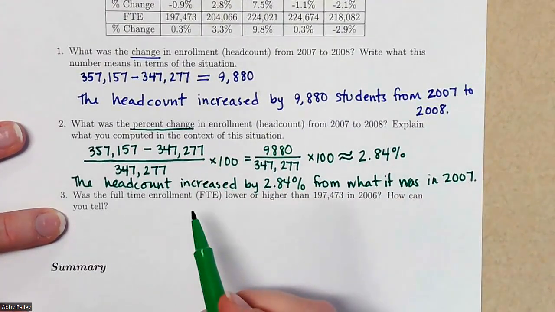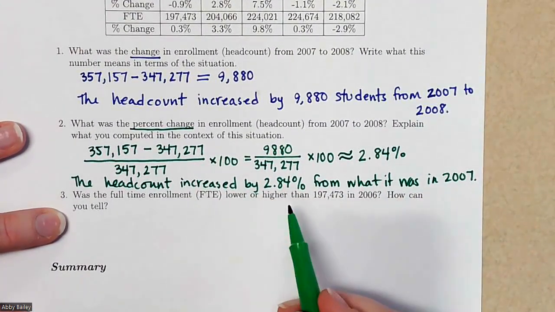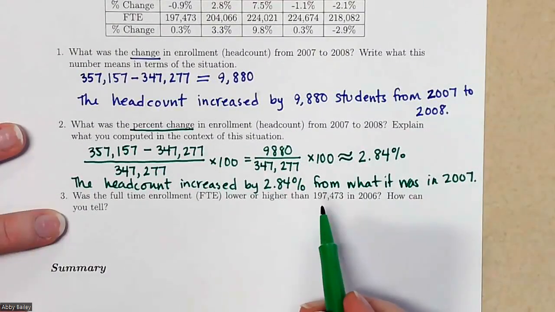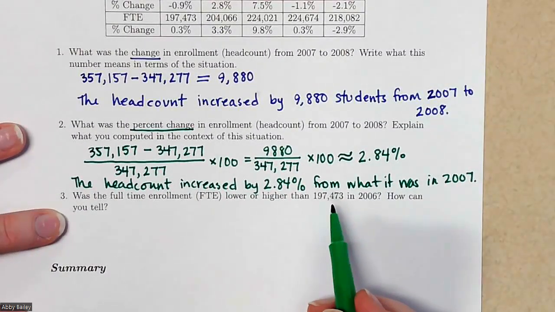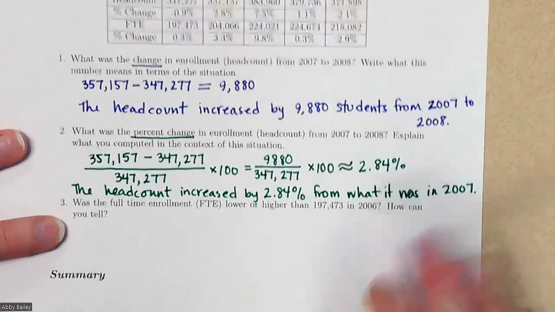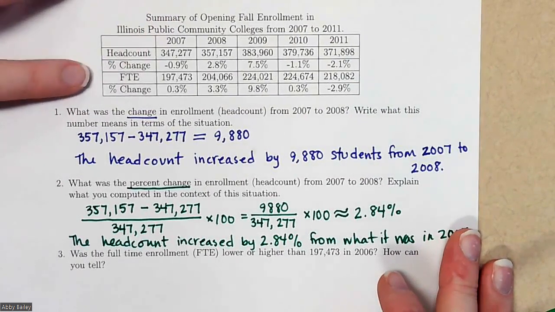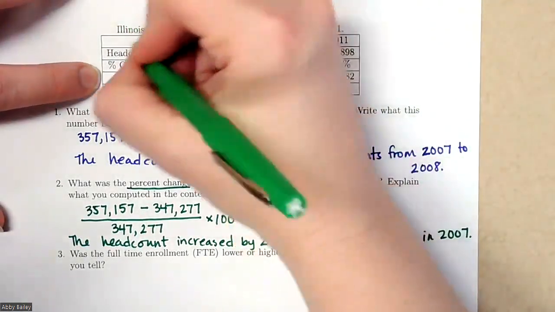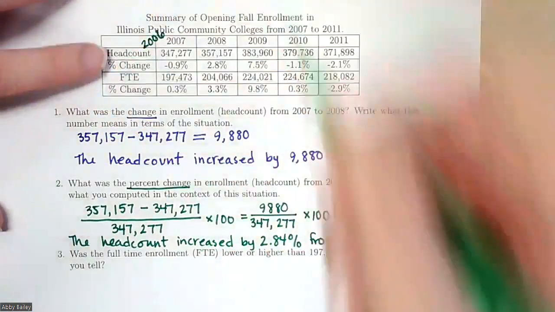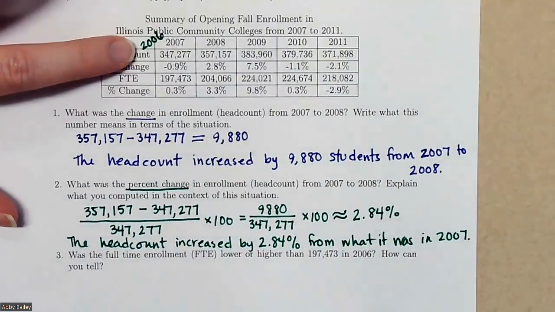Was the full-time enrollment lower or higher than 197,473 in 2006? Well, look, we do not have 2006. That would be like right here, right? We do not have that data.